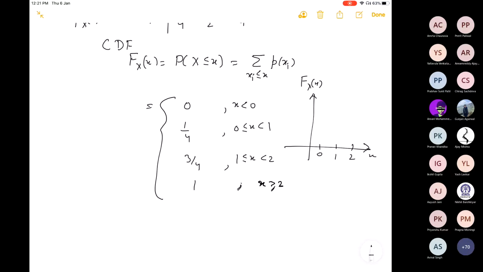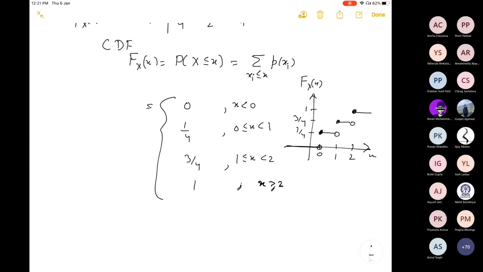The value is 1/4 when x is between 0 and 1, 3/4 when x is between 1 and 2, and when x is greater than or equal to 2, it is 1.